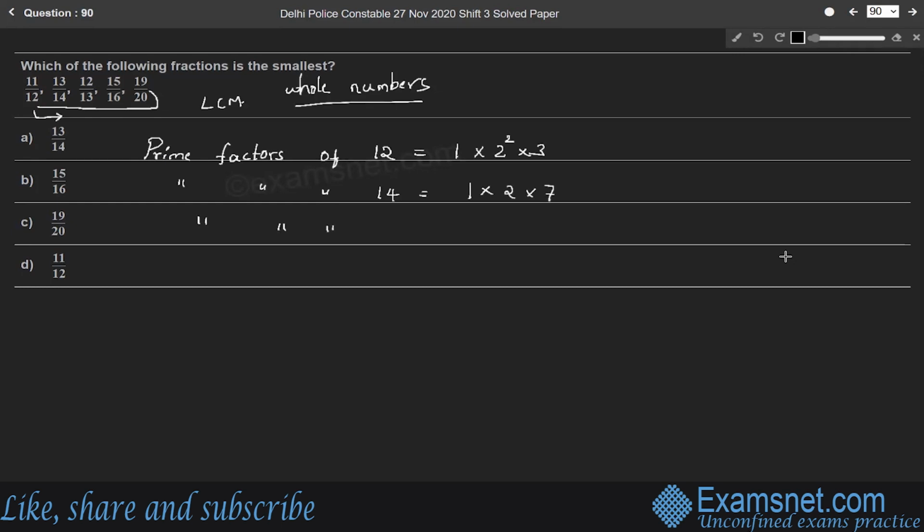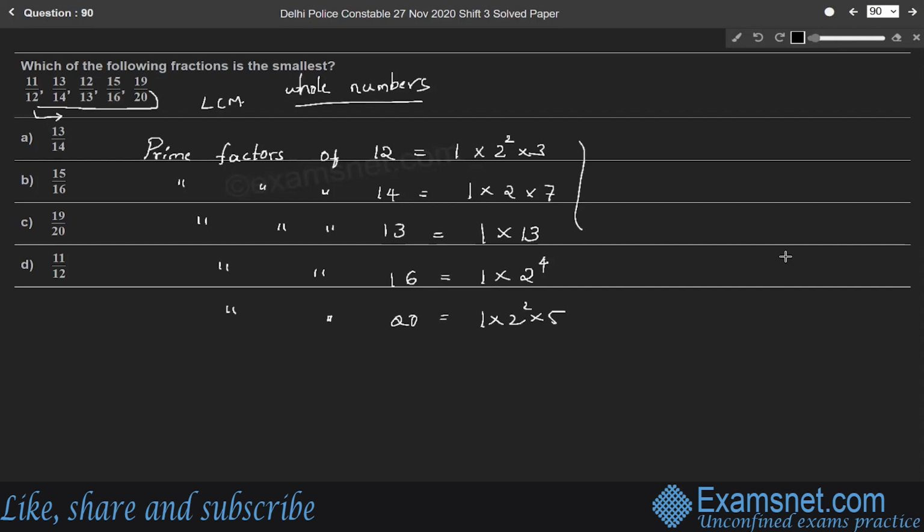Prime factors of 13: since 13 is a prime number, 1 and 13. Prime factors of 16 are 1 into 2 into 2 into 2 into 2, that is 2 to the power of 4. Whereas prime factors of 20, the last number, are 1 into 2 square into 5, right?